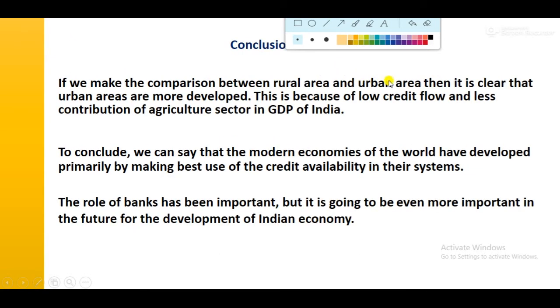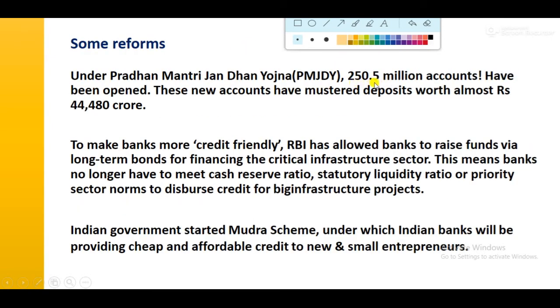Actually, 250.5 million accounts have been opened under this Pradhan Mantri Jan Dhan Yojana. These new accounts have mustered deposits worth almost rupees 44,480 crore.